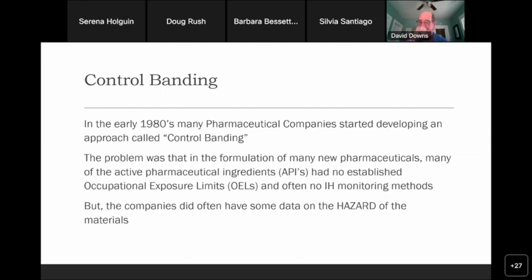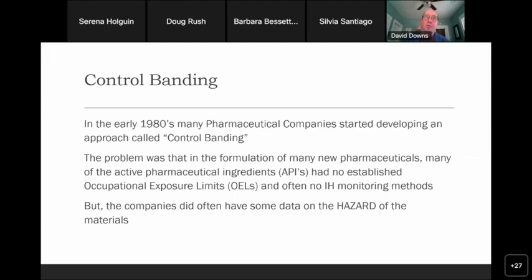So what they started to recognize is they often did have some data on the hazard of the materials. As they began the process of analyzing, by necessity, they would have to identify, well, what's the effective dose of this material?